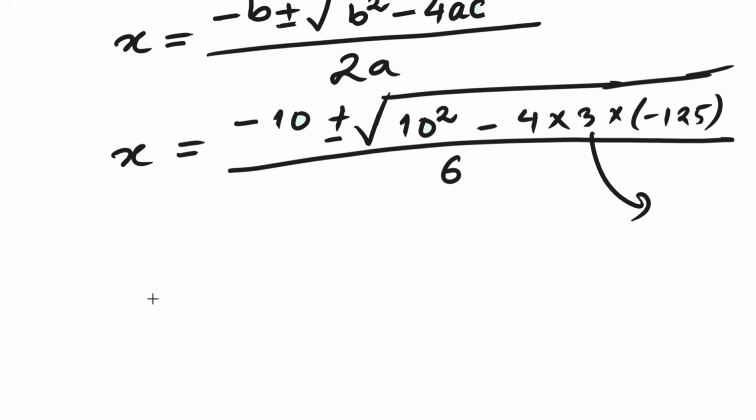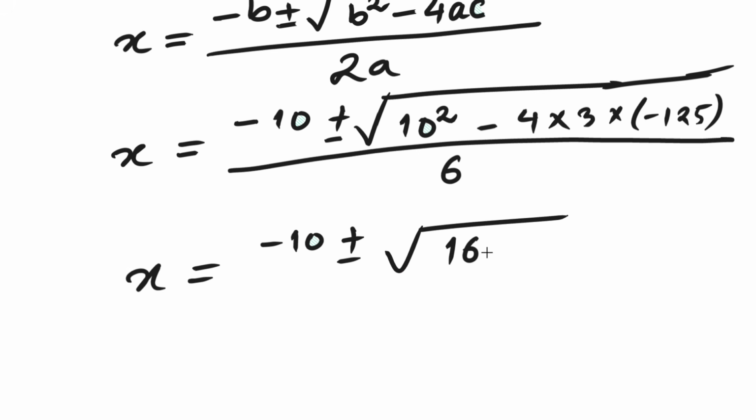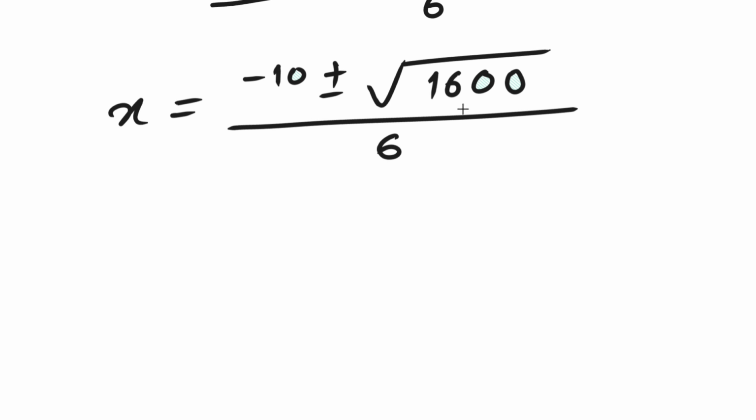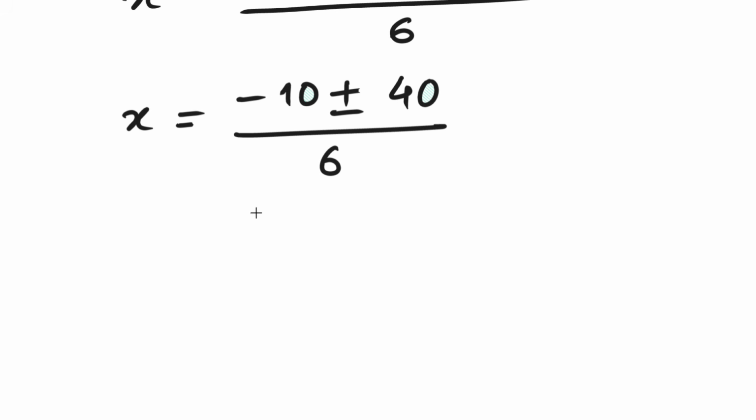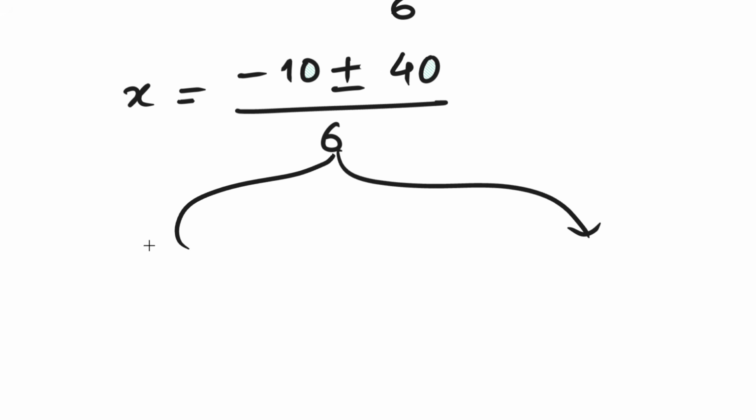Therefore, x equals negative 10 plus or minus the square root of 1,600 divided by 6. The square root of 1,600 is 40, so we now have x equals negative 10 plus or minus 40 divided by 6. This gives us two possible values for x.